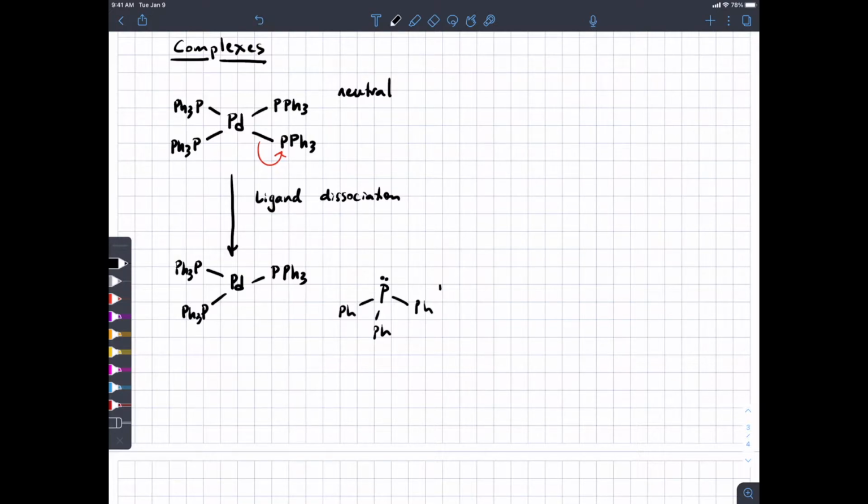And the ligand is neutral as it leaves. Now, you may be troubled at this point, because in the past, when we've had 4 bonds to nitrogen, for example here, we would have a positive formal charge on the nitrogen, okay, to keep track of the number of electrons.